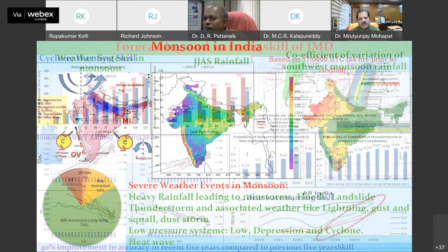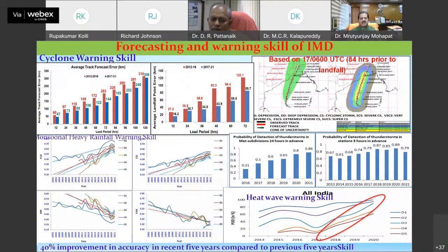If you look over the years at the monitoring and forecasting in the short to medium range, you will find that there has been a significant improvement with respect to all these severe weather events occurring in the monsoon season. Especially if you talk of the cyclones, there has been almost zero error in many extremely severe cyclonic storms passing over the area in recent years. As a result, it has led to the minimization of loss of lives and properties.